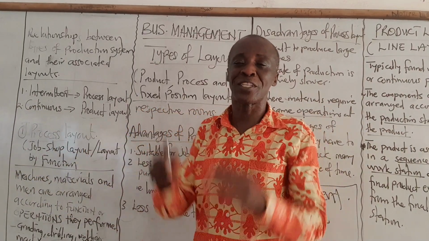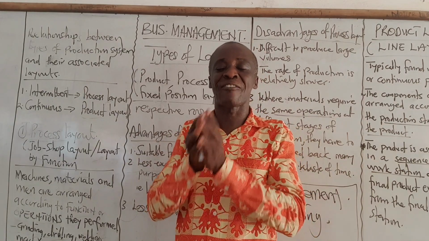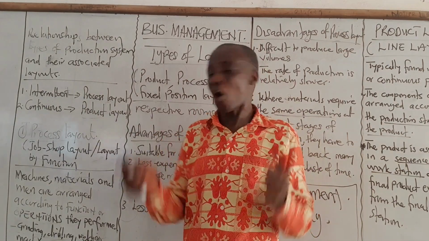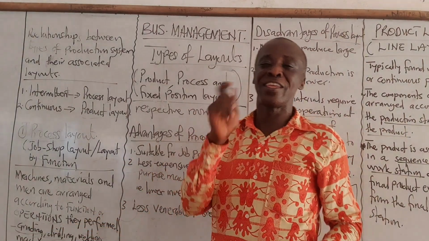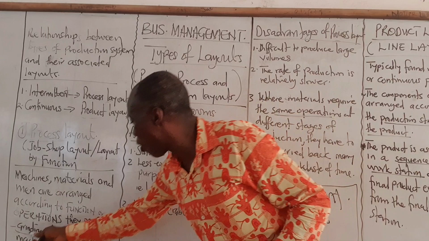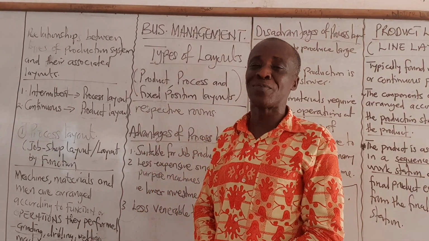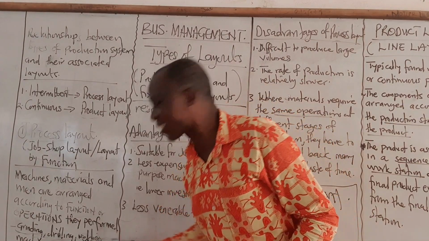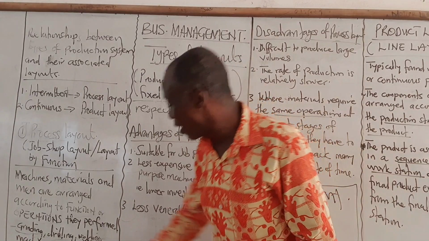If it is a big organization and they have machines that are related to set functions, all machines that are related to grinding will be in that grinding room. All machines that are related to drilling will be in one room, the drilling room. All machines that are related to welding will be in one welding room.